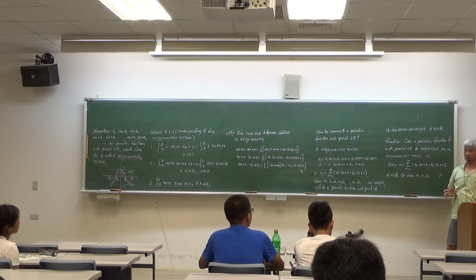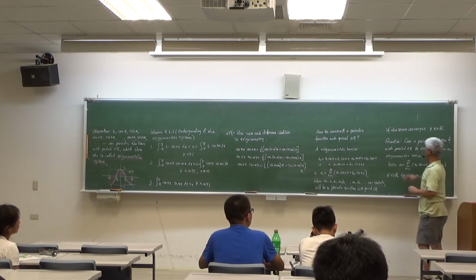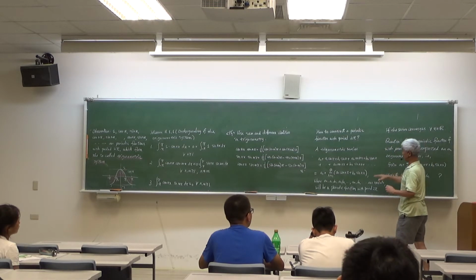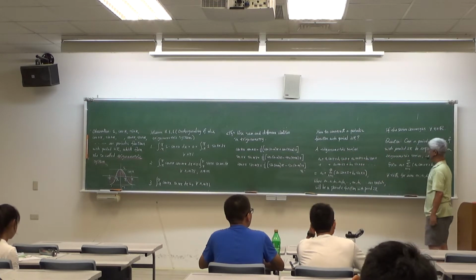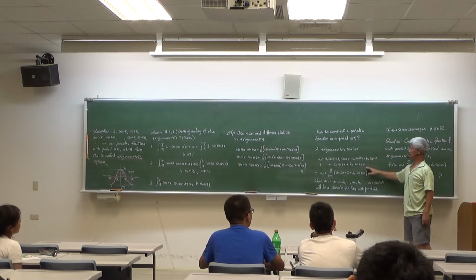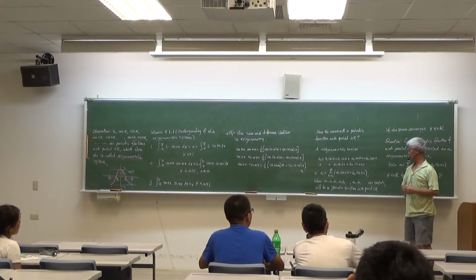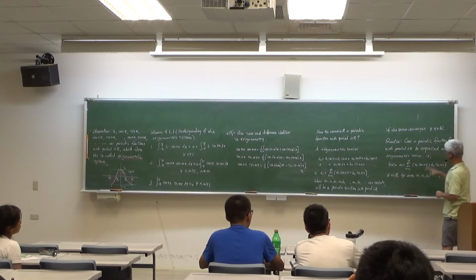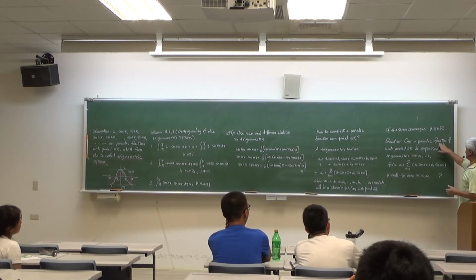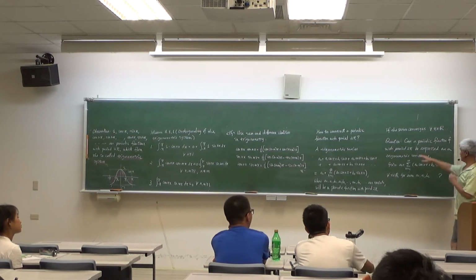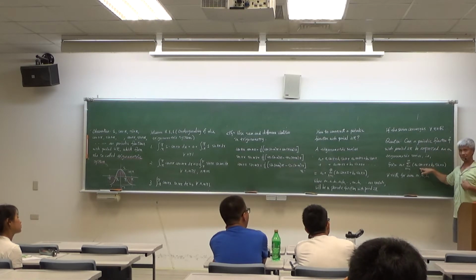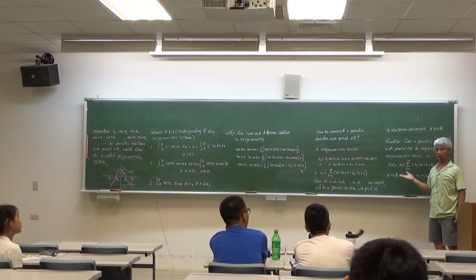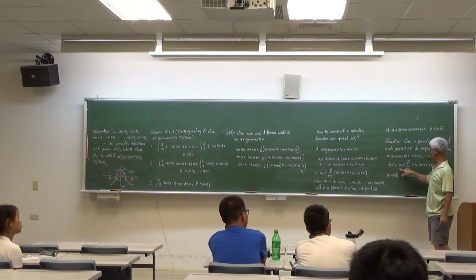But if you can prove that this trigonometric series converges, then it becomes a periodic function with period 2π. The other question is that suppose we have a periodic function with period 2π. Can we express this periodic function as a trigonometric series? Okay, later on we will see that it is a so-called representation theorem. Okay, so this is the question mark.